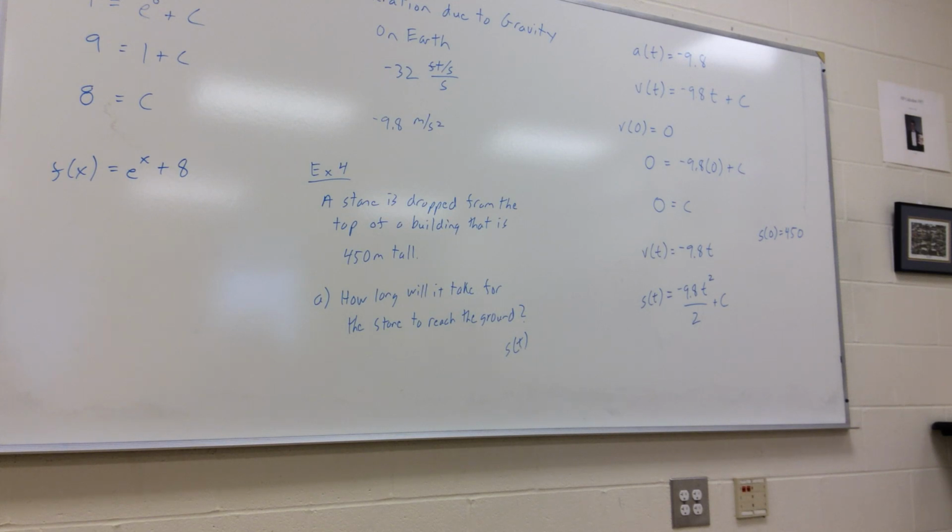Okay, so I know if I plug in 0 for t, are you okay if I divide the 9.8 by 2? So if I put a 0 in for t, I'm supposed to get 450 out on my position function.